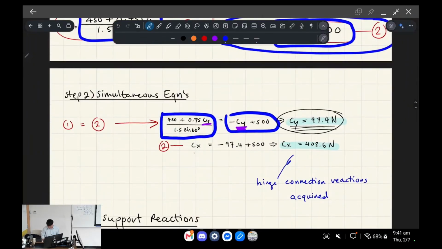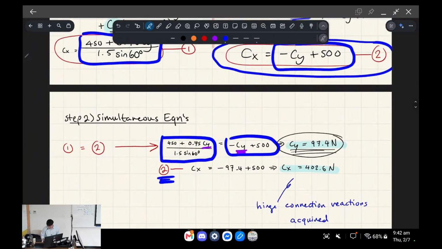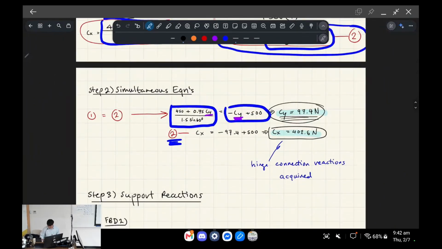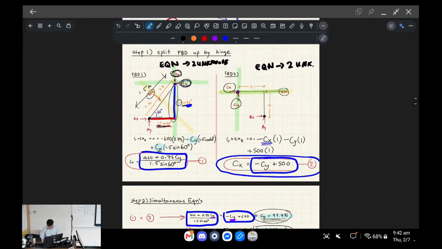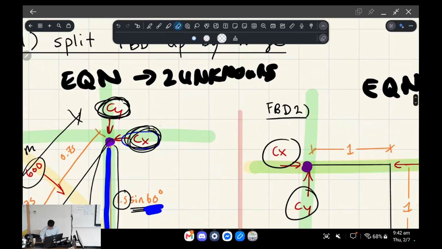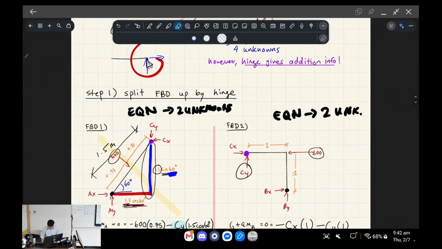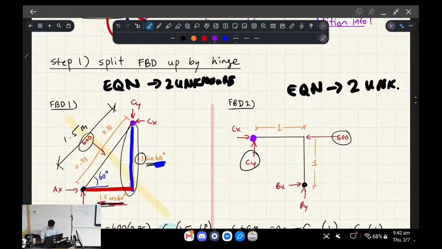So here I've recalled equation 2, and we literally just plugged in our value for Cy, which we found out, and therefore you can get a value for Cx, which is going to be 402.6 newtons, okay? So now, after doing all that, what we've actually done is we've removed these two unknowns, okay? So these are actually solved, so now these are known.